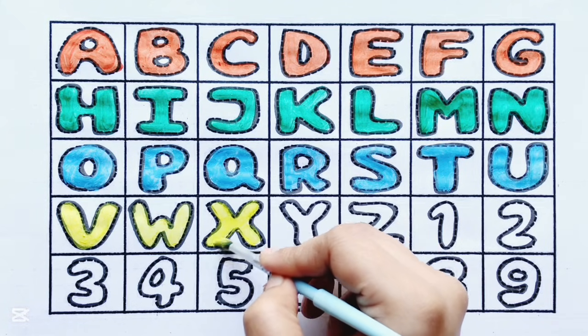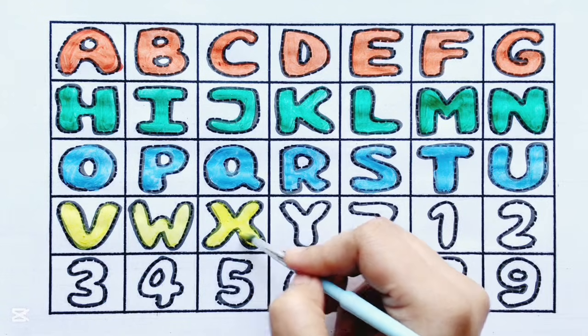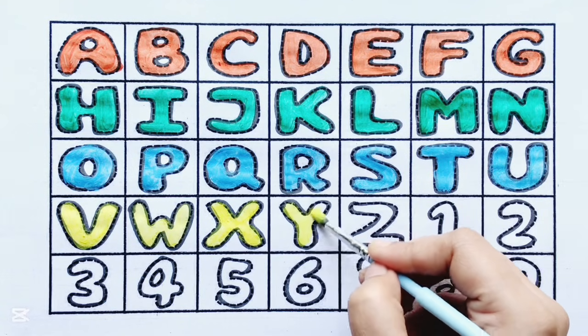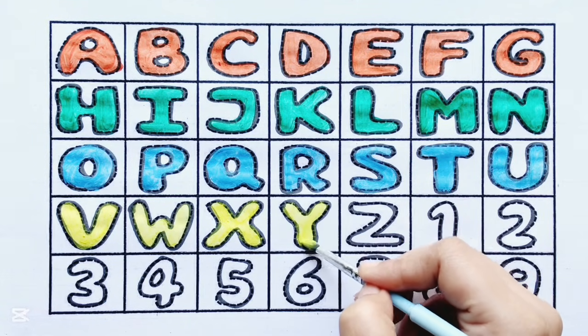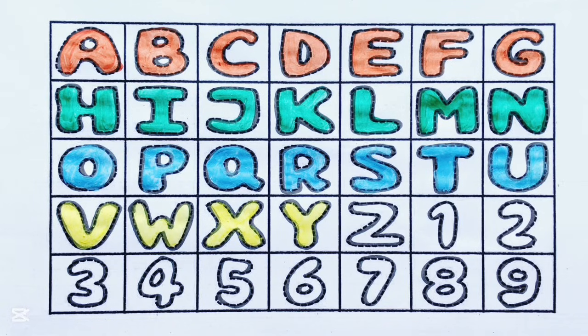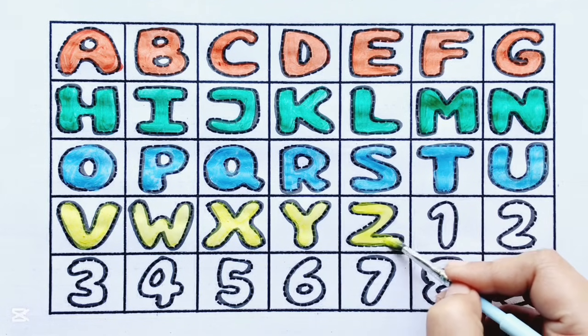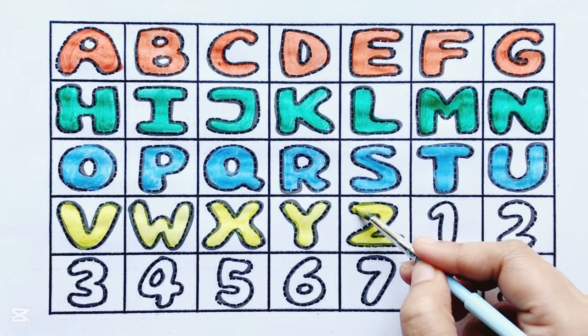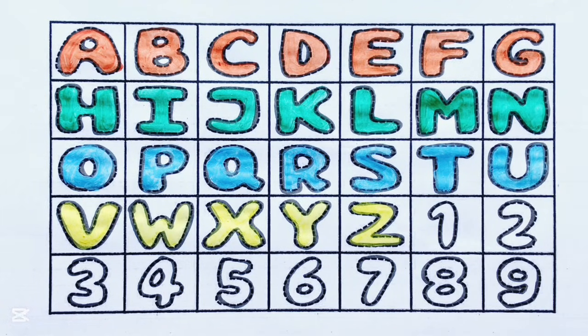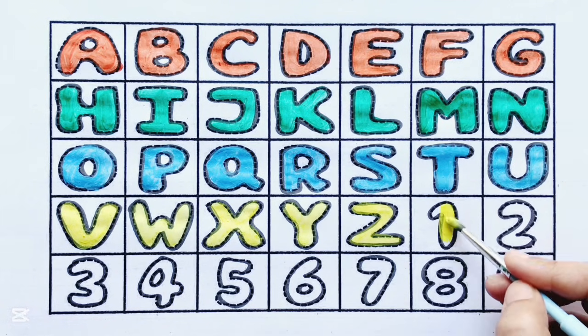Singing all together. Yeah, let's see a list of words that start with the letter A. Y for yogurt. Angel, address, animal, answer. Z for zip. April, autumn, ambulance, airplane. And number 1.